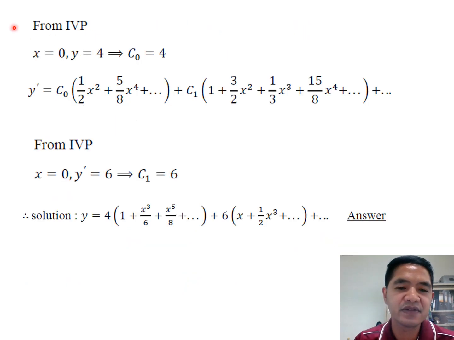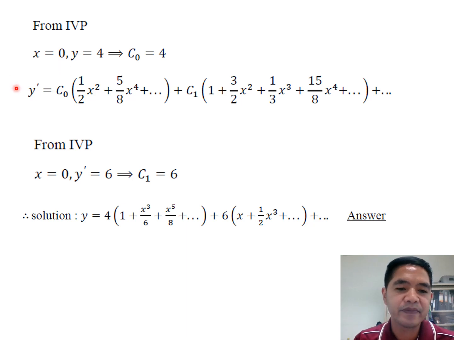Since we have the initial value problem, we have to find the values of c0 and c1. From the general solution that we got in the previous slide, you plug in the initial condition, which is when x equal to 0, y equal to 4. So you plug in x equal to 0 and y equal to 4, and you get c0 equal to 4.